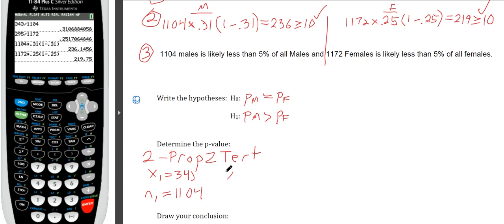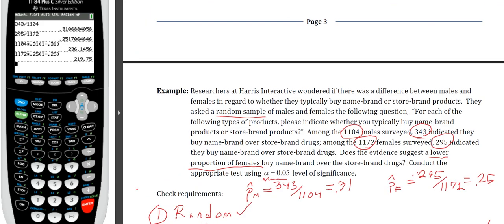And then for women, there were 295 women out of the total of 1172. And what we're looking for is, based on my alternative hypothesis, if P1 is greater than P2. With that, we should be able to find Z and P and compare that to alpha, which was given in the description to be 0.05.